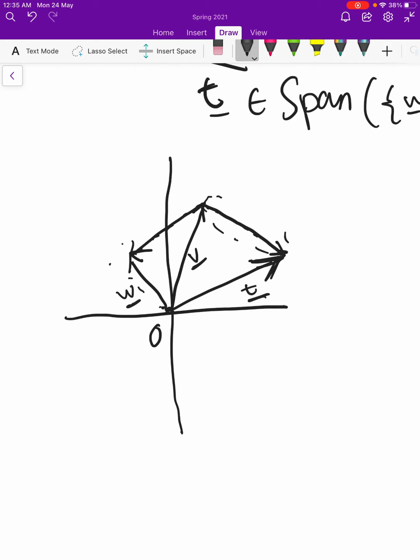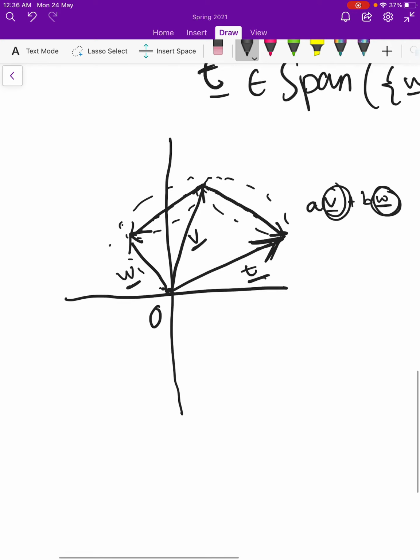This is going to be a direction vector. This is going to be a direction vector. Then remember, if we have two vectors, say AV and BW, if we have two direction vectors, we can create a plane using them.